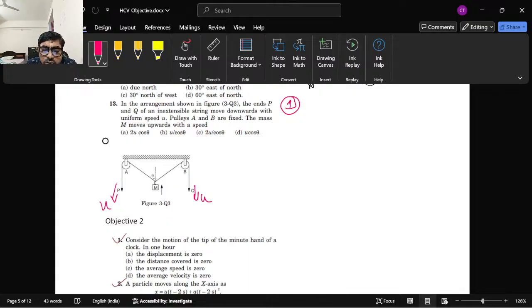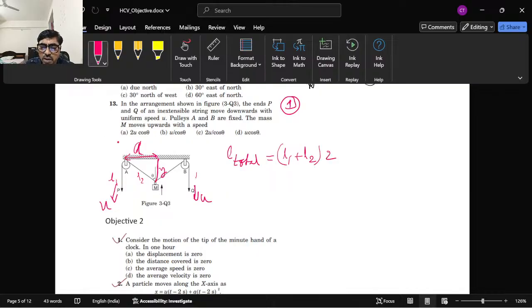So what I'll do is I'll just drop a perpendicular like this. Imagine this is y, this is some L, and this is L1. This is L2. So the total length of the string, if I calculate, L total, is 2 times L1 plus L2, because the left side and right side have the same length, no?